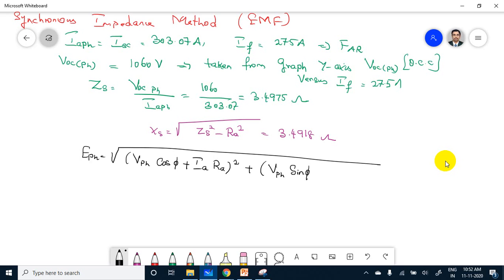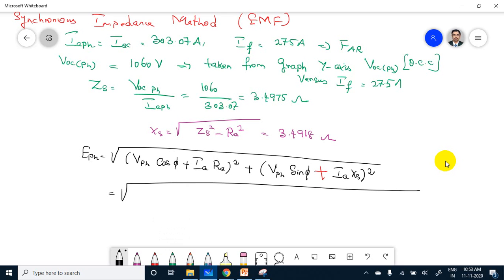Since we are measuring for lagging or leading? As per your question, it is lagging power factor, so we have to put the plus symbol.